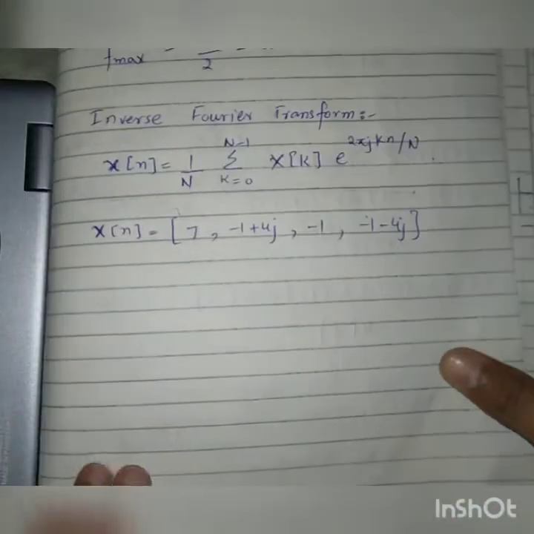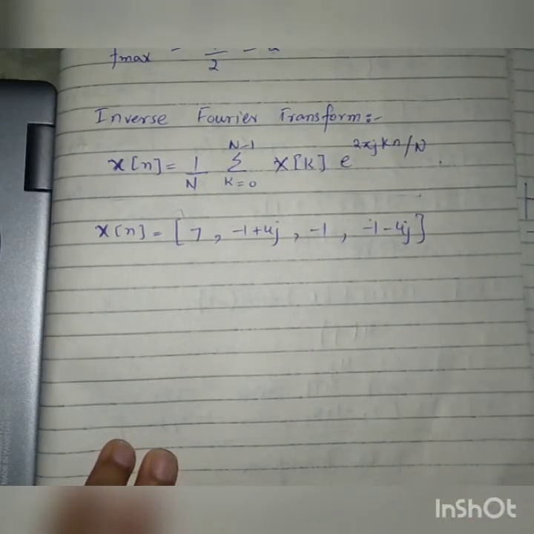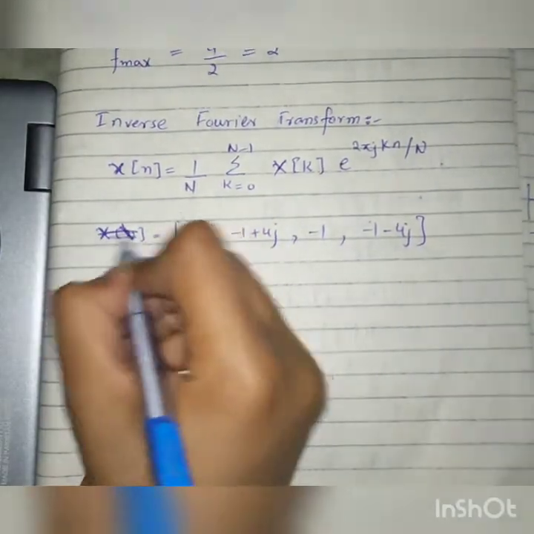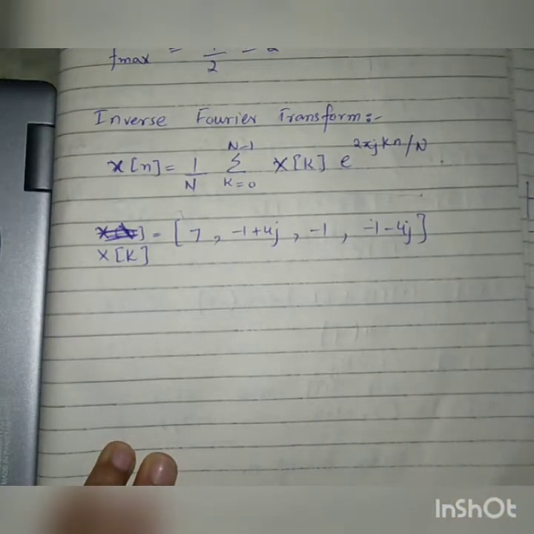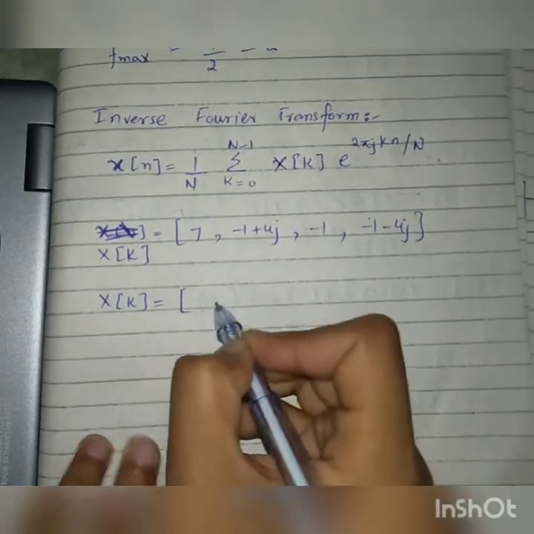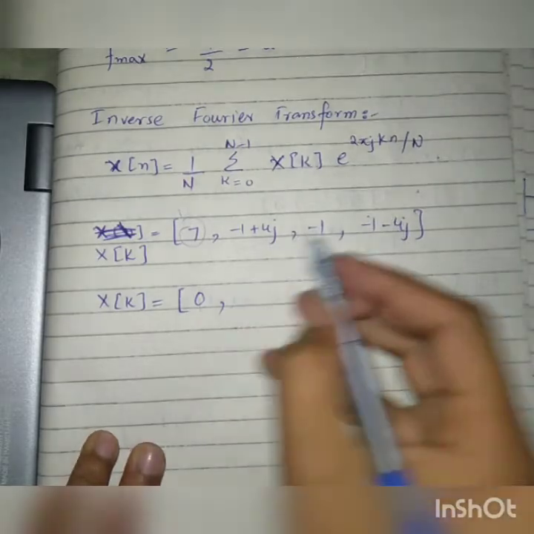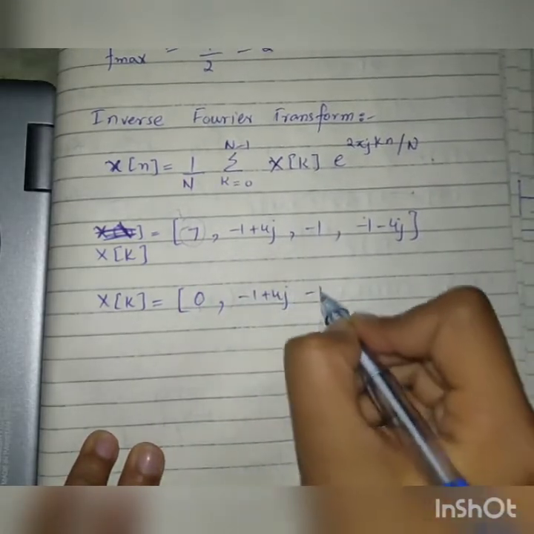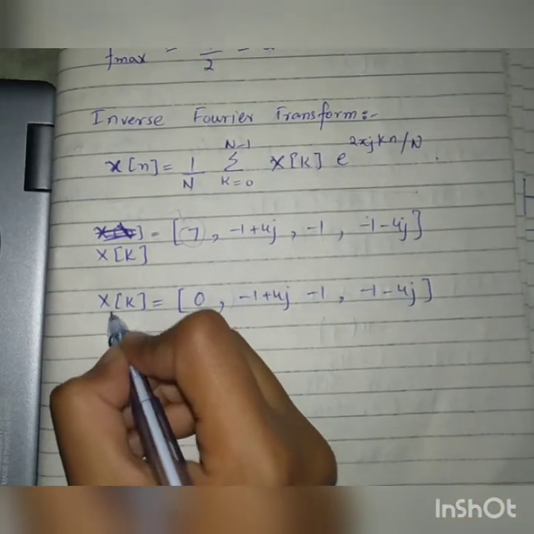So we have this frequency domain, this is x of k. We have these frequency domain components. Now let's do something. Let's remove a lower frequency component, that is this thing. Let's convert it to 0. Minus 1 plus 4j, minus 1 and minus 1 minus 4j, and let's call it x1 of k.